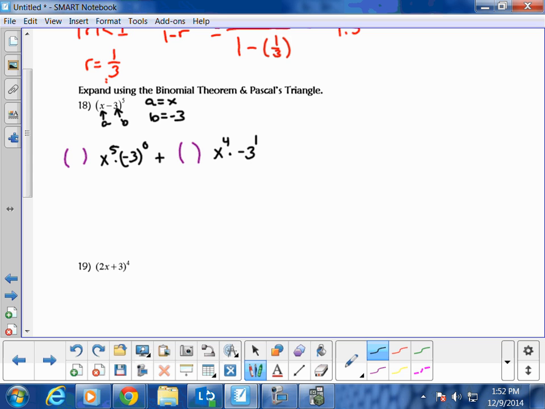So if you notice, one is going down, the other one's going up. Continuing this pattern, we're going to get x cubed times -3 squared, and we're adding this. So from here, this is going to continue now with x, ooh, hold on, that's not supposed to go there, like this.